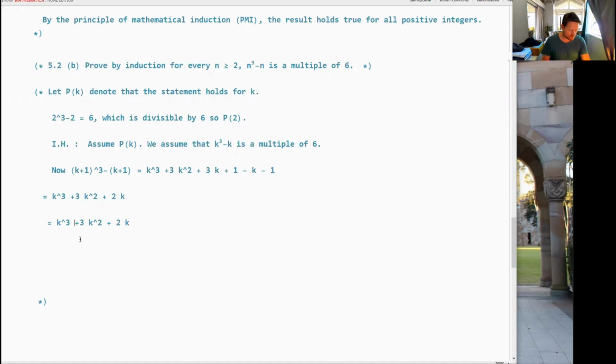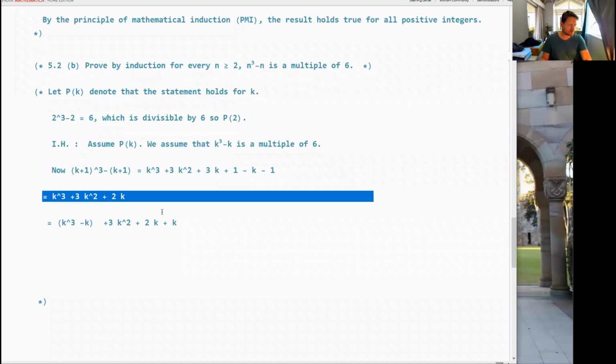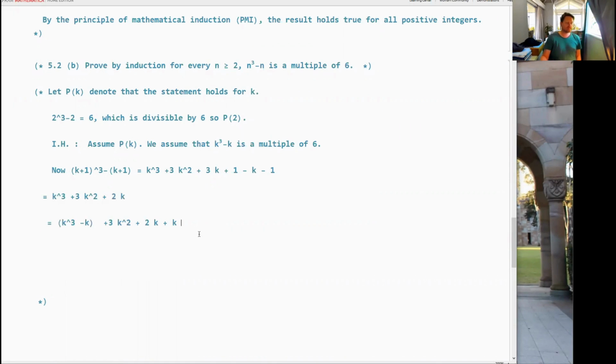So right in here, I will put in a minus k and a bracket around this, but at the same time I have to add that k so that they vanish and these two lines are actually equal. But you can see that I could just add the 2k and the k and make this a 3k right here. So let's do that.